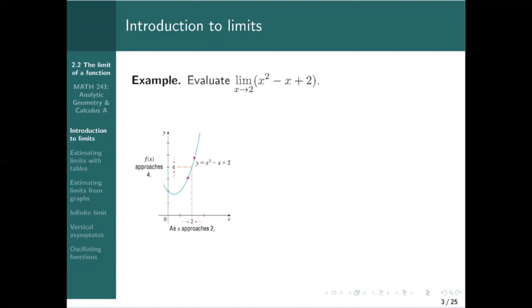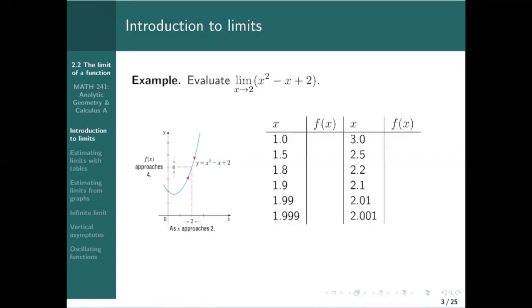Last time, we were also using tables to estimate limits, and we're going to do the same in this example. So we can take numbers of x that get close to 2. The numbers in the left column are close to 2, but they are less than 2. And the numbers in the right column are approaching 2, but they are bigger than 2.